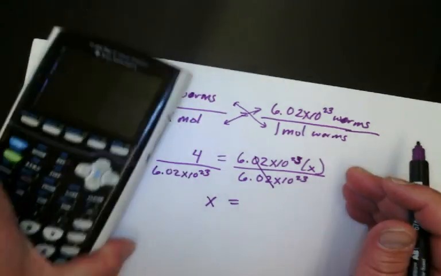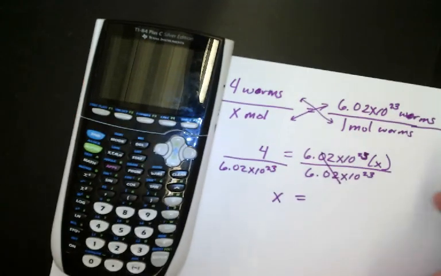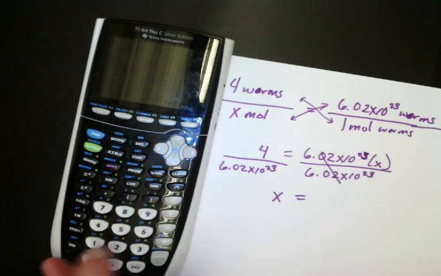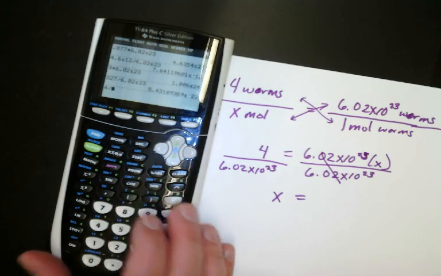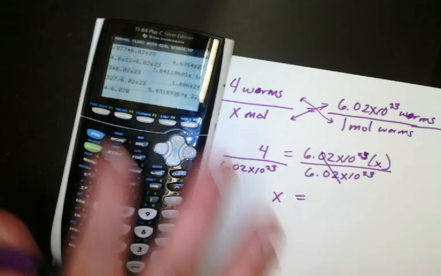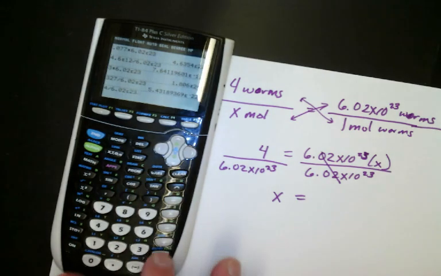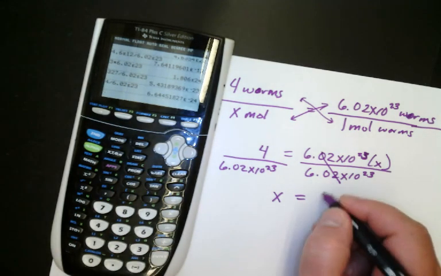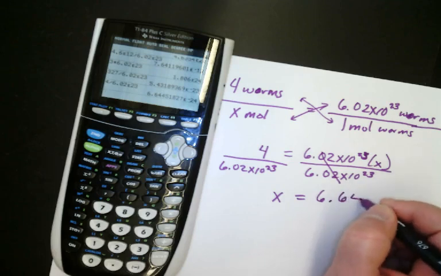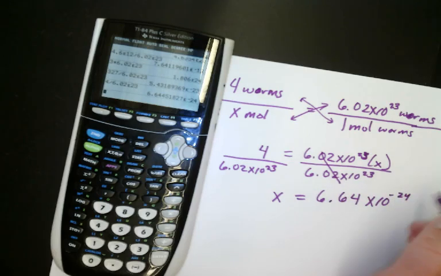So I'm going to put that into my calculator: 4 divided by 6.02, second EE 23. And the answer is 6.64 times 10 to the negative 24 moles of worms.